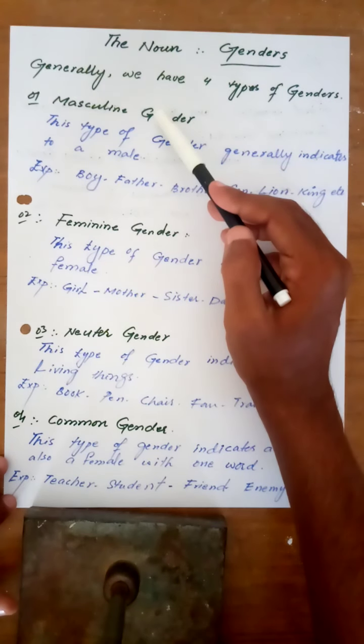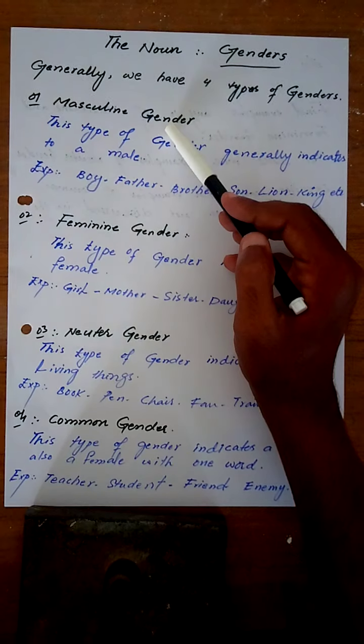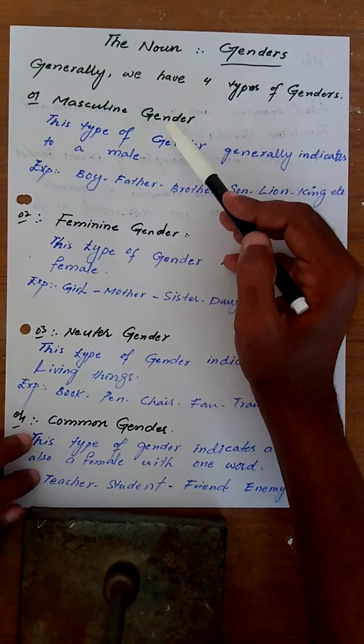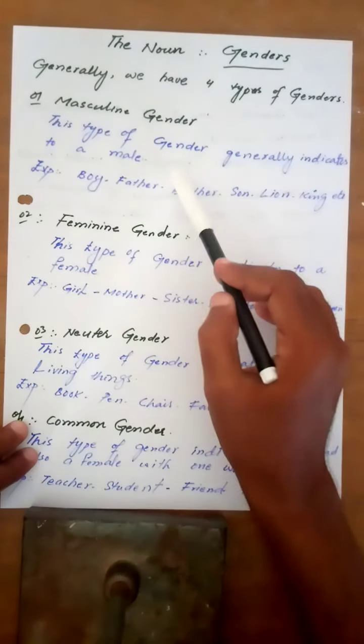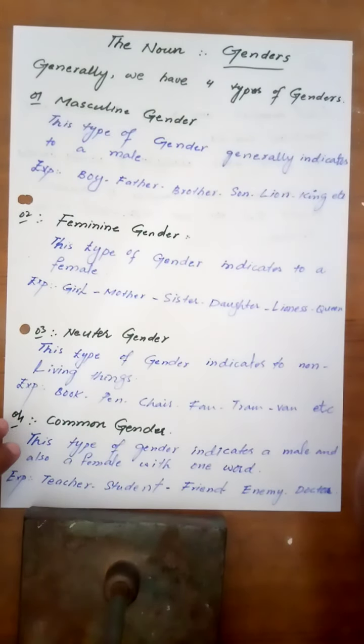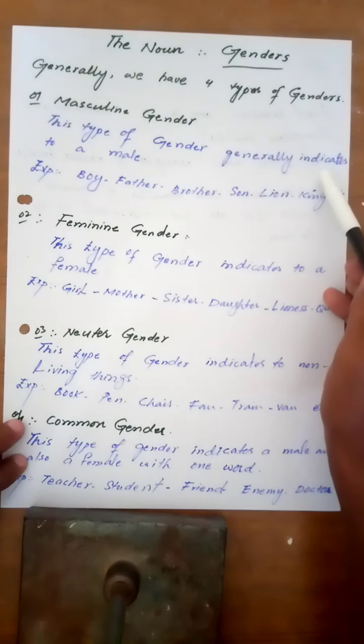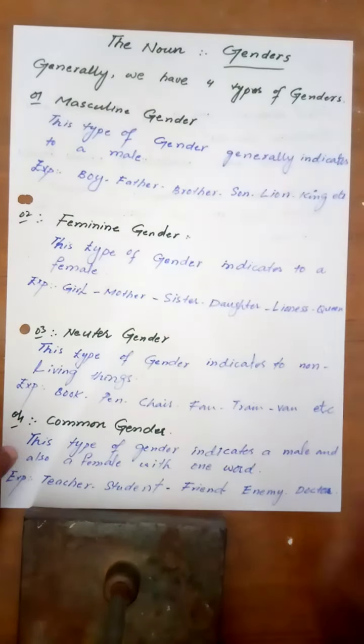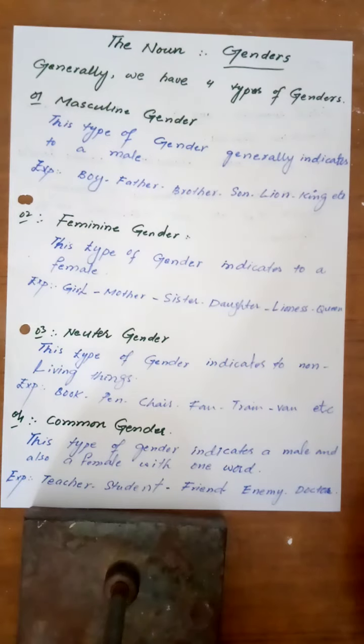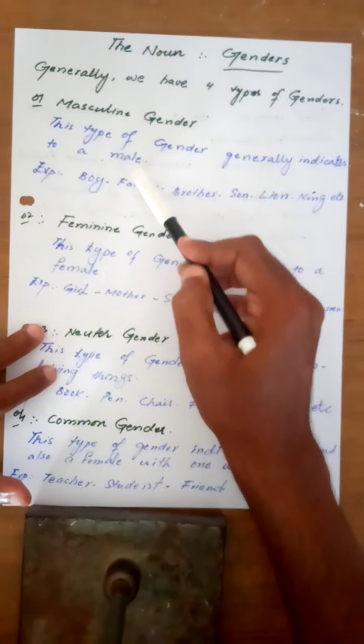Number 1 is masculine gender. Masculine gender generally indicates a male. A male means a boy, lion, king, brother, father, like this. It denotes a male person.